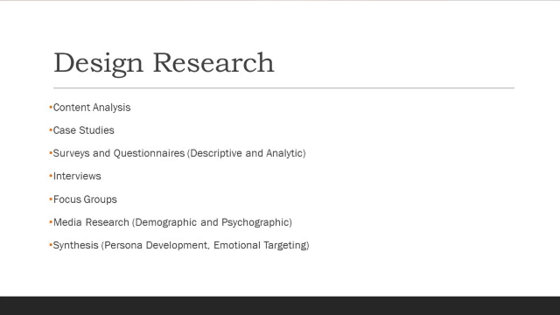So, you use your case studies, you use your surveys and questionnaires, interviews, focus groups, media research. All those things are very good and valuable tools to help get the desired results you're looking for, and also just knowing how you can craft this said product you are trying to do.